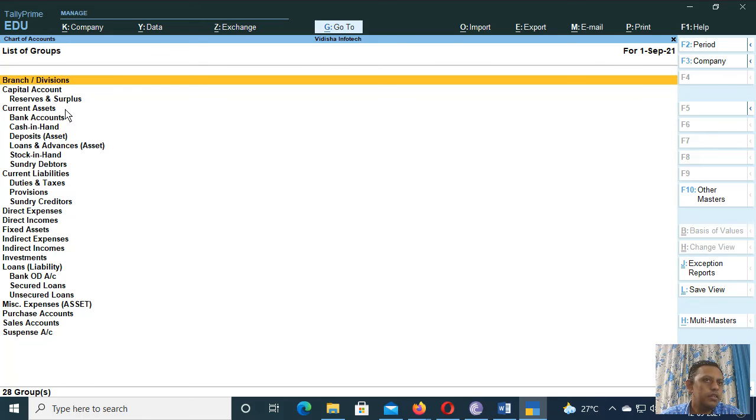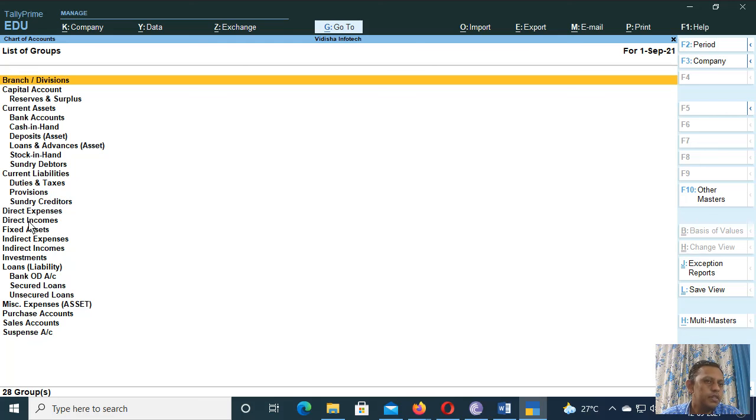Then in current assets we are having bank accounts, cash in hand, deposits, loans and advances, stock in hand, sundry debtors. In current liabilities we are having duties and taxes, provisions, sundry creditors.